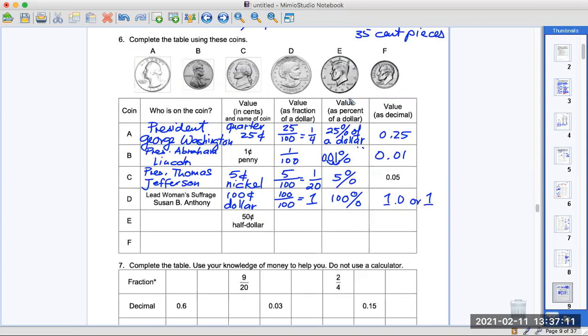And then the 50-cent piece, the half dollar, is President John F. Kennedy. Kennedy was elected in, I believe, 1960, but he was assassinated in 1962 by, who assassinated him?